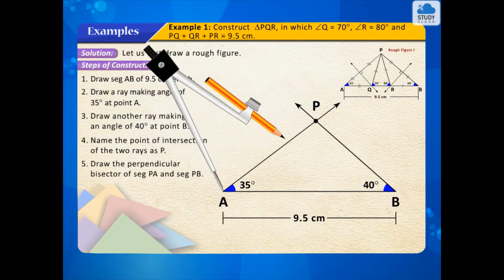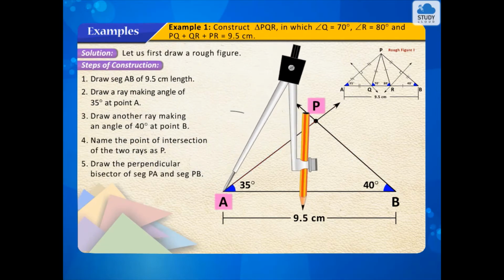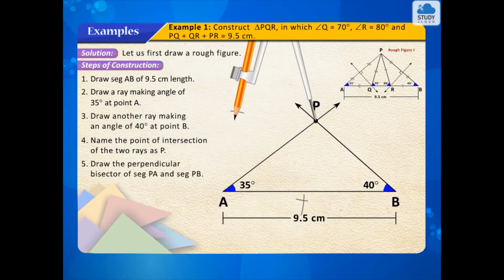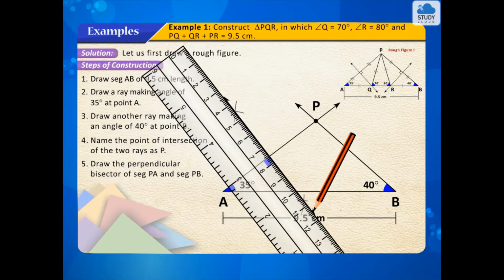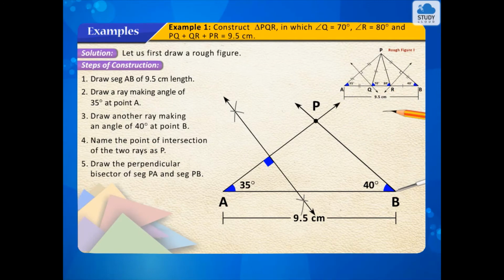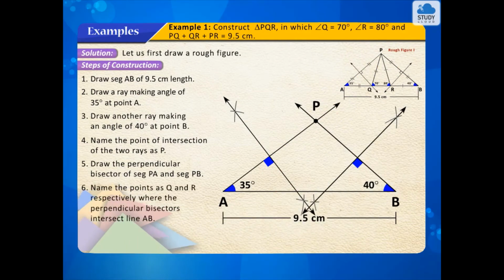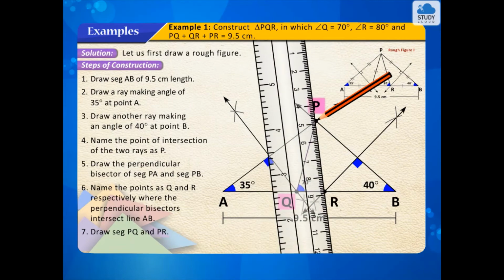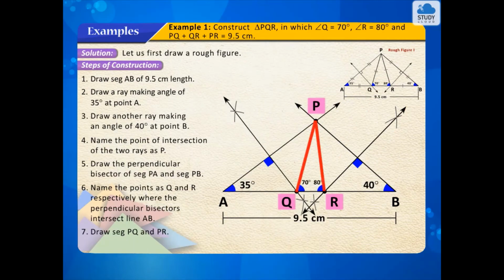Draw the perpendicular bisector of segment PA and segment PB. 6. Name the points as Q and R respectively, where the perpendicular bisectors intersect line AB. 7. Draw segment PQ and segment PR. Triangle PQR is the required triangle.